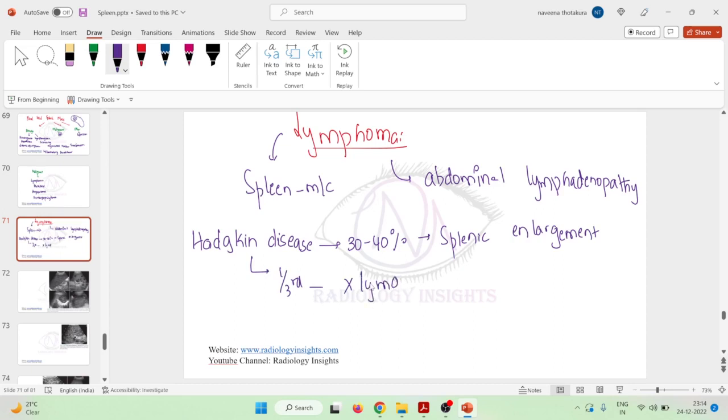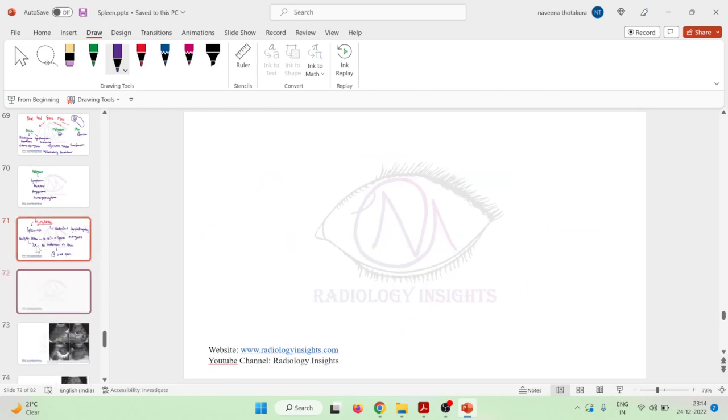So it is not uniform. If there is no involvement of the spleen, obviously the patient will have a normal sized spleen. So 30 to 40% will have splenic enlargement, and one third of patients will have a normal sized spleen. This is in Hodgkin's disease.